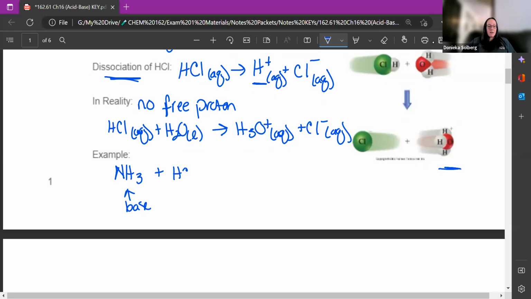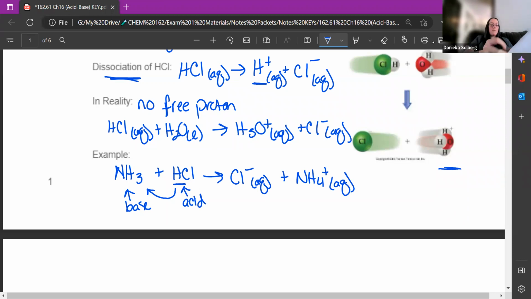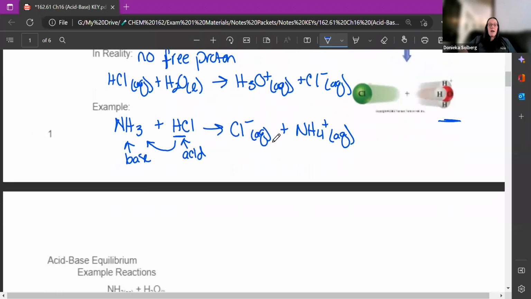If I react that with HCl, which is an acid, by definition the acid donates the H plus, and it goes to the base. So my products are Cl minus, because it has lost its hydrogen, and NH4 plus, because it has gained that hydrogen. That's actually what's in the solution. This is an example of a Bronsted-Lowry acid-base reaction.